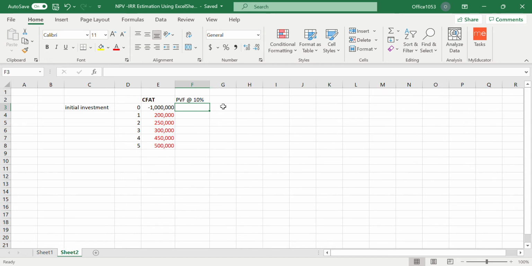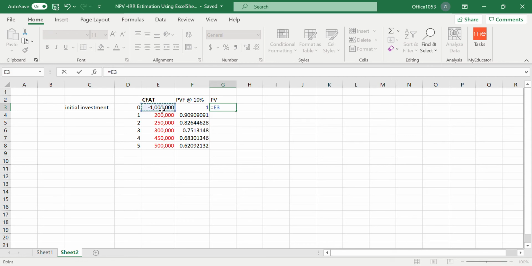our NPV, we already calculated the NPV. We calculated the present value factor as this. We employed this formula, copy pasted this, then you multiply the cash flows with the present value numbers, you get the NPV.